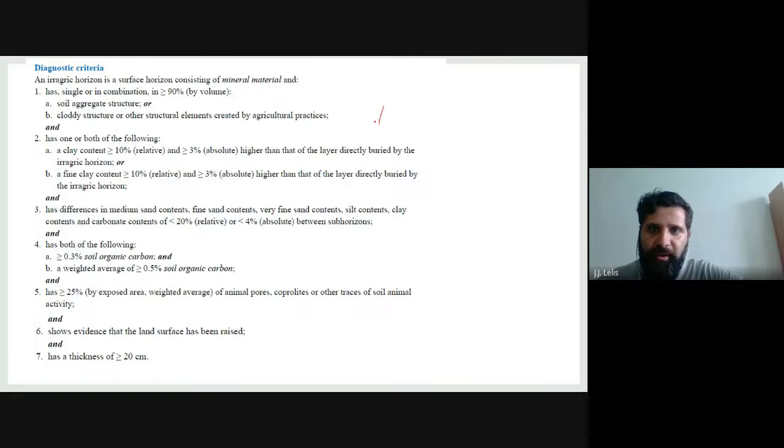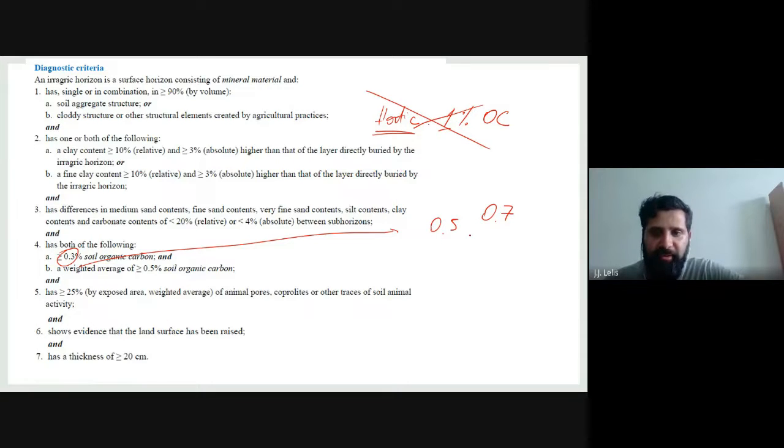The Arctic and the Y horizons have several differences, but it's quite easy to differentiate them because the Arctic horizon needs at least 1% of organic carbon, and we have at least 0.3%. So if we present a horizon like 0.5 or 0.7, we don't have an Arctic horizon, but we could present a Y horizon.